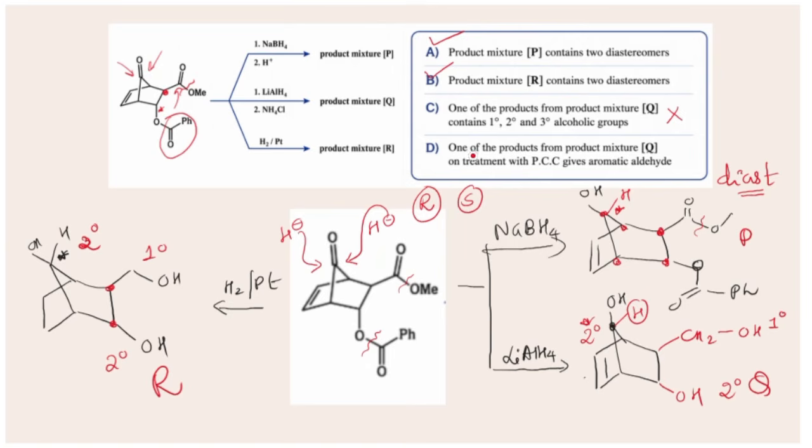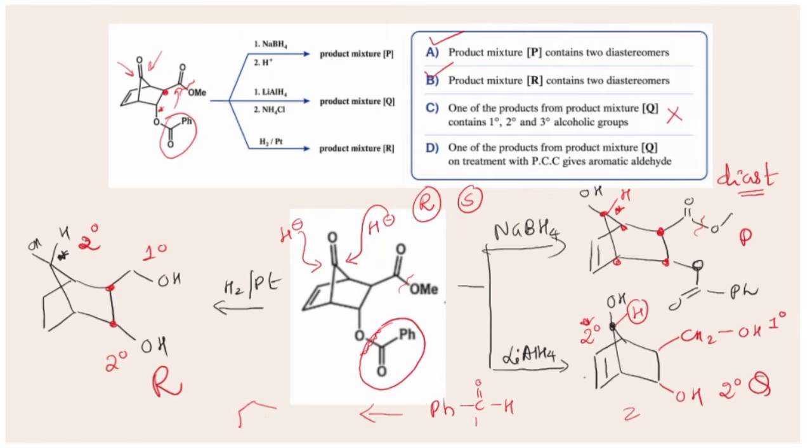Now the last option, one of the products from product mixture Q, on treatment with PCC gives an aromatic aldehyde. See, I have written only one product. What is the other product? Here, when this bond gets cleaved, you are going to get PhCHO, which upon further reduction, because it is complete reduction, is going to form an alcohol.